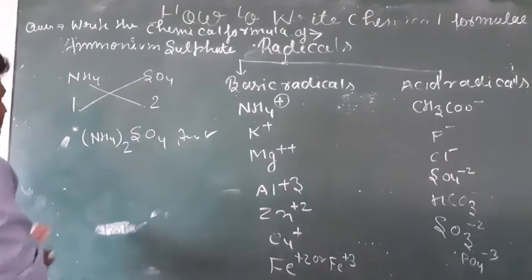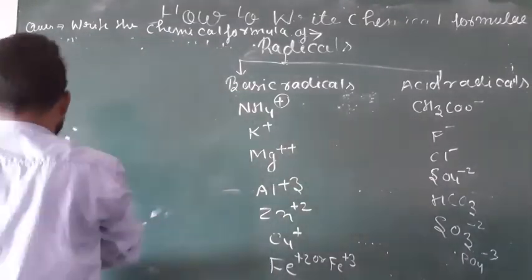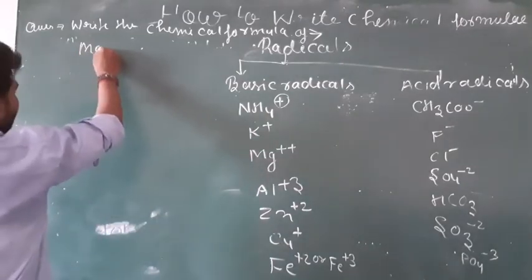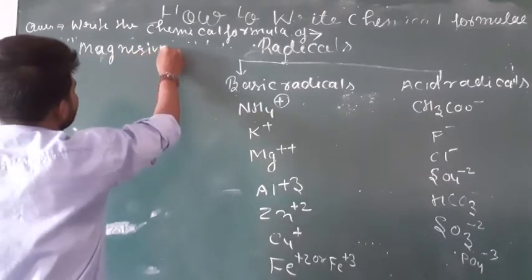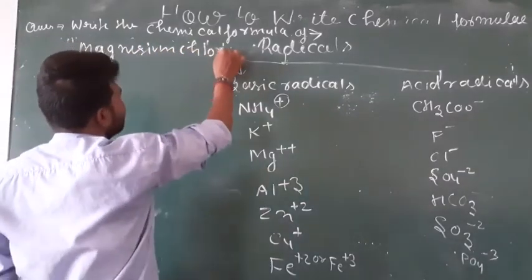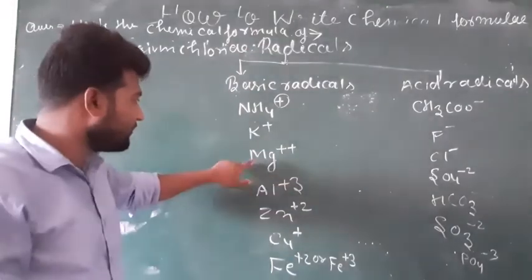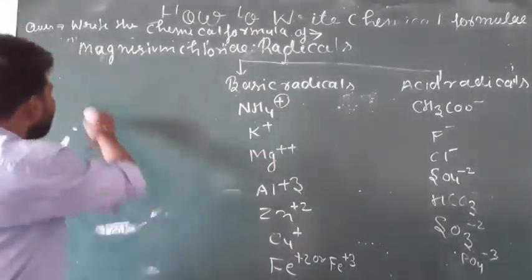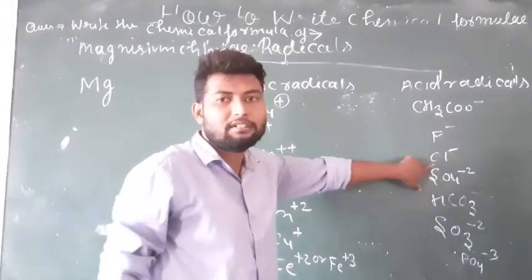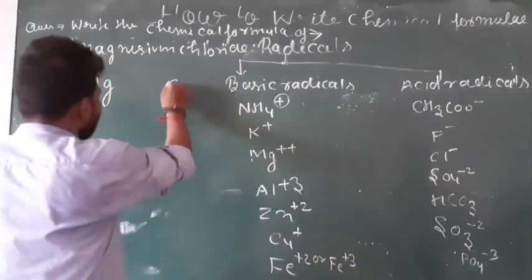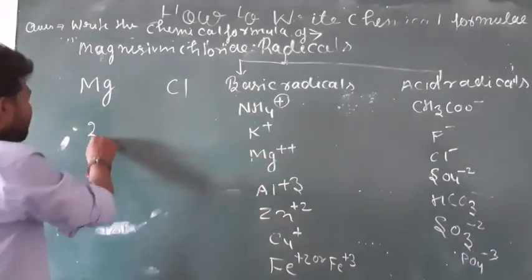In another case, suppose magnesium chloride. My dear students, you know that the symbol of magnesium is Mg and the chlorine symbol is Cl. The valency with the help of charge: how many charges here? 2 charges.